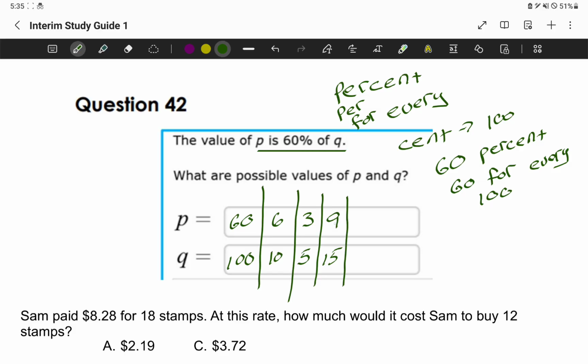I can say from here, 9 times 3 is 27. 3 times 15 is 45. I can say 0.6 and 1.